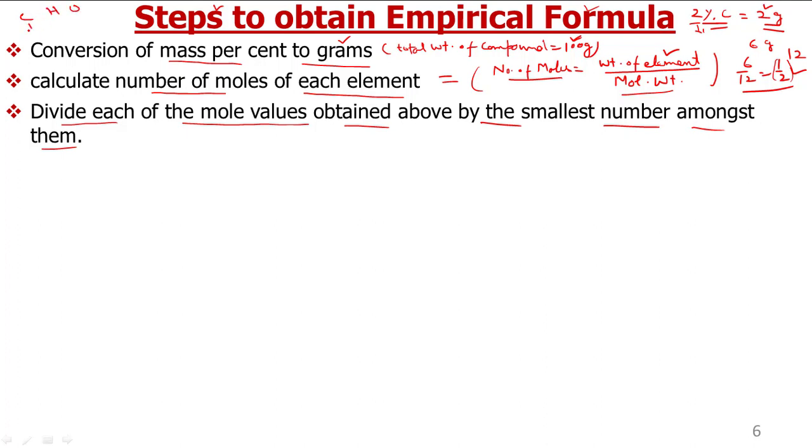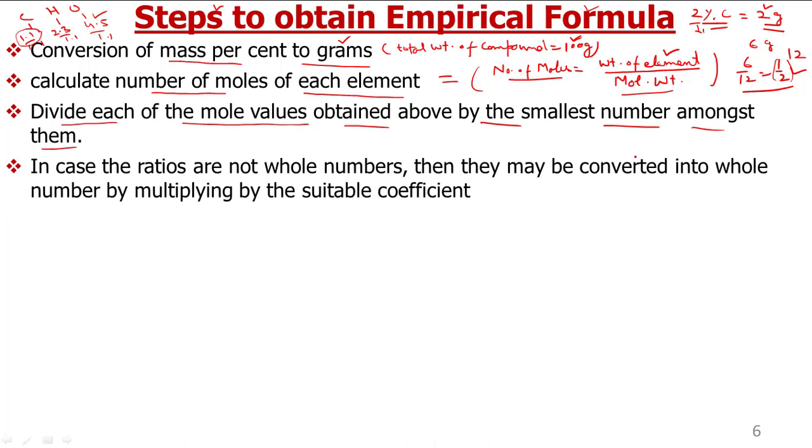We get the number of moles of carbon as 1.1, hydrogen as 2.3 and oxygen as 4.5. The next step will be to divide the number of moles by the smallest number, which is 1.1. So we will divide all these values by 1.1. We will do that when we do the numerical.